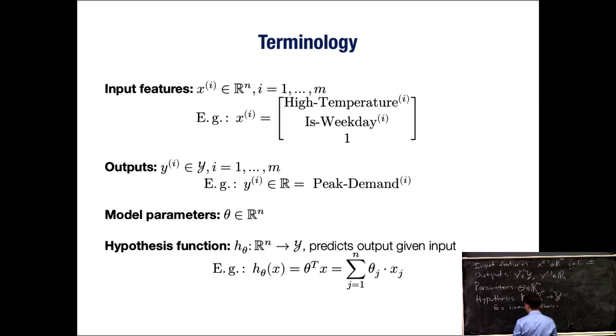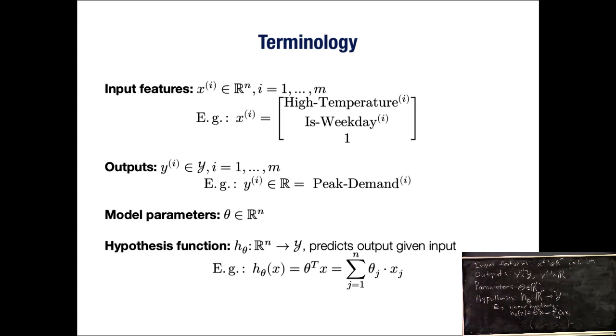Which just says that h theta of x is equal to theta transpose x. Remember, theta and x are both vectors, so this is an inner product of the two vectors, equal to the sum over all i from 1 to n of theta_i x_i.